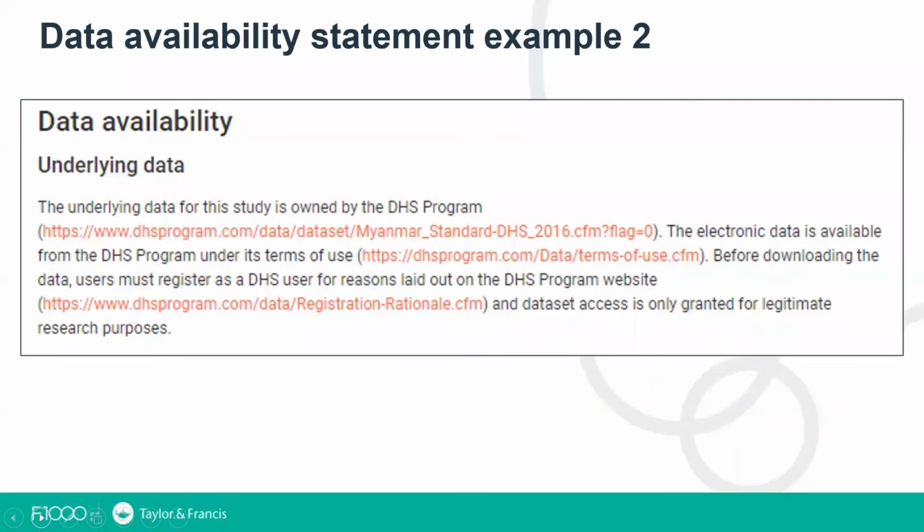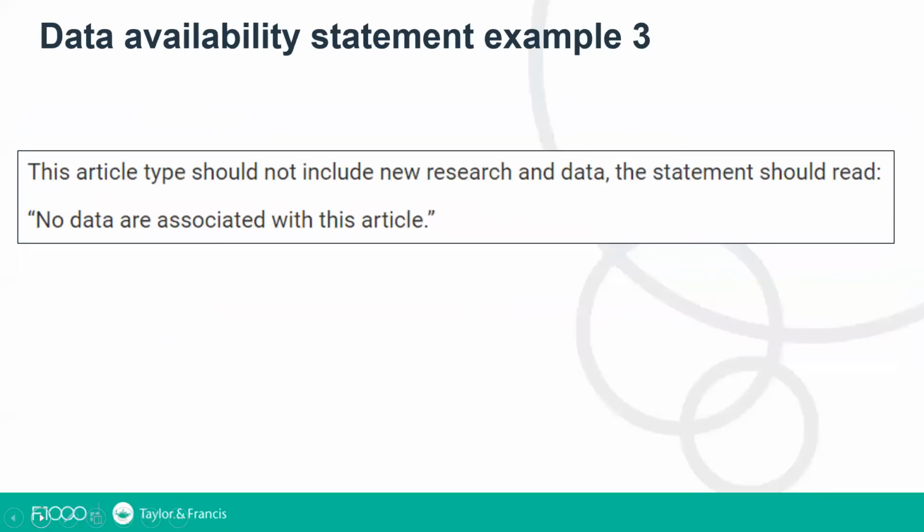This is the second example, which is a restricted data availability example. So you need to register, and only then people who are reading your article will get access to your data set only for legitimate research purposes. If there is no data, this is how it looks like. You still need to draft a data availability statement which says no data are associated with this article.